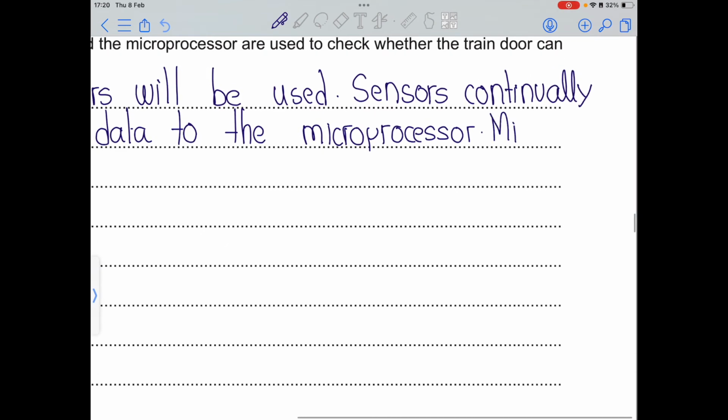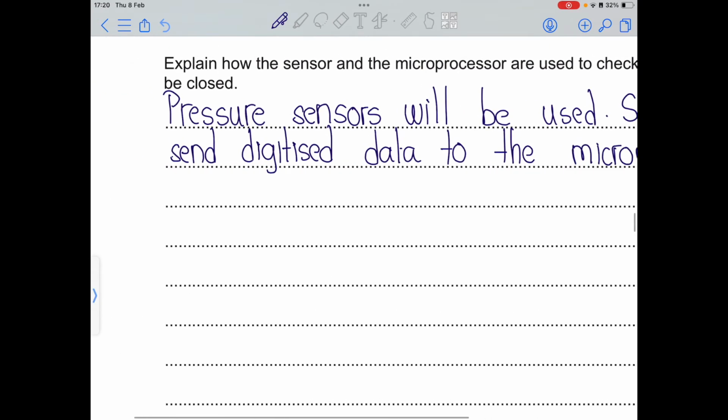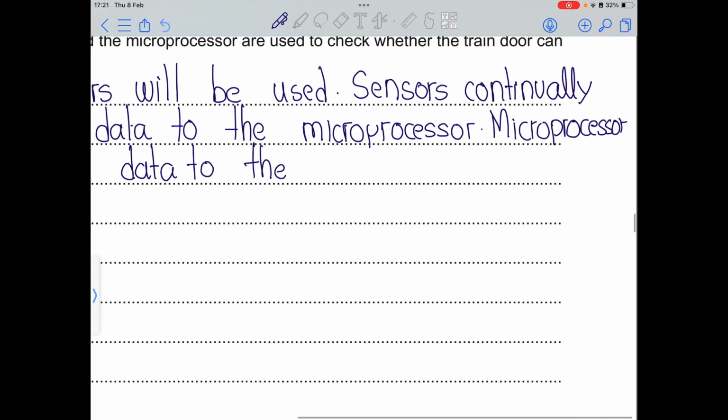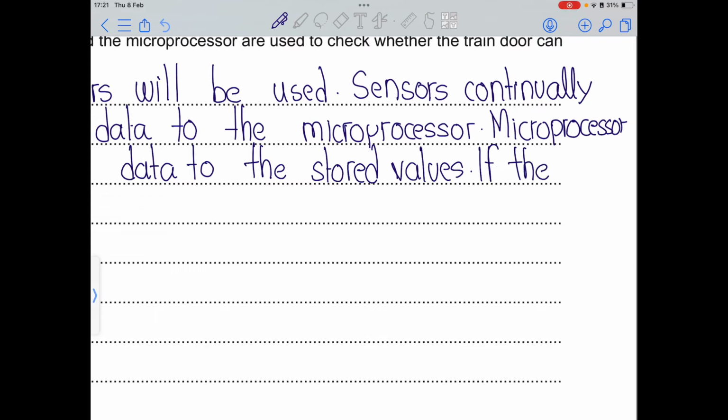Now the microprocessor compares the data to the stored values, if the values match.